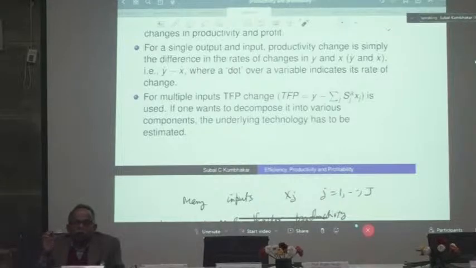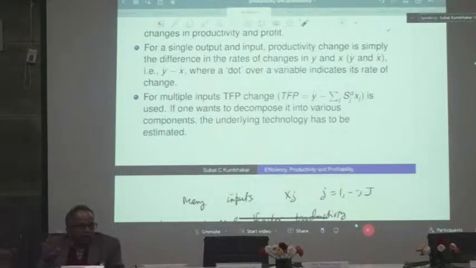We want to know how much of the TFP growth or TFP change is coming from different sources. So we want to decompose TFP dot, or change in TFP, into different sources. What we mean by sources, you'll see in a minute. That means we are not only interested in finding out what it is, but what the sources are.